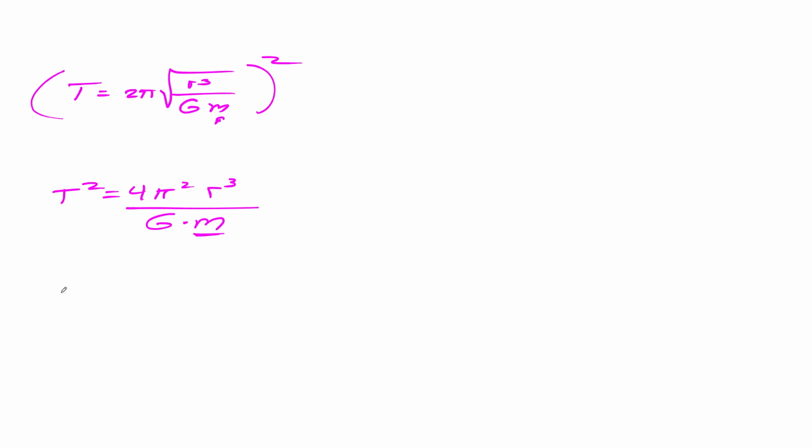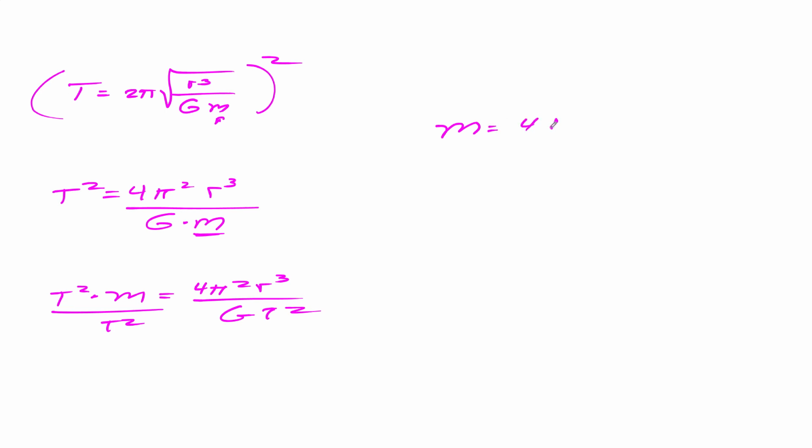Multiply both sides by mass, so T squared times mass is equal to 4 pi squared times R cubed over G, and then divide both sides by T squared. So our mass is equal to 4 pi squared R cubed over T squared times the gravitational constant.